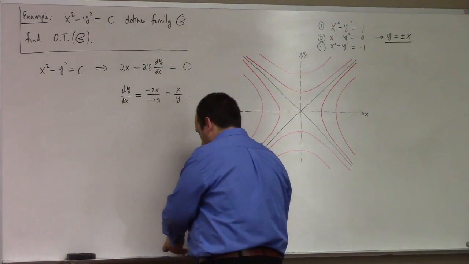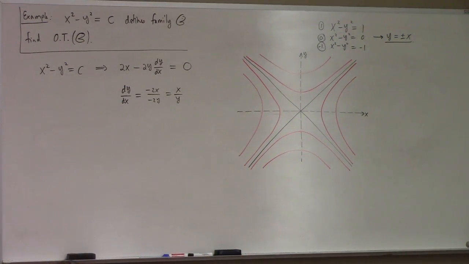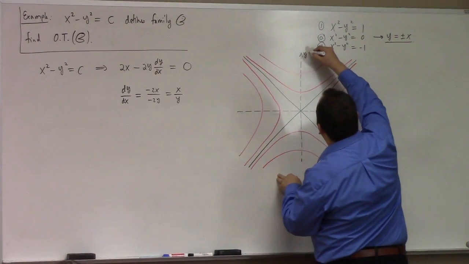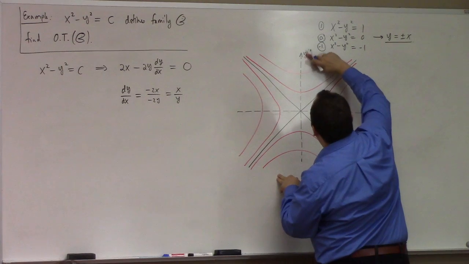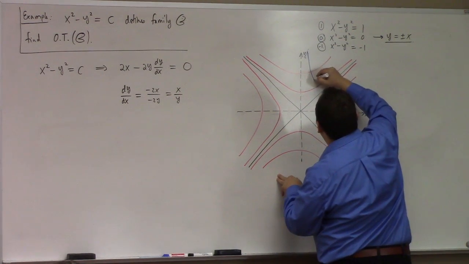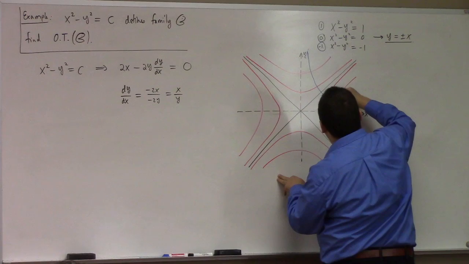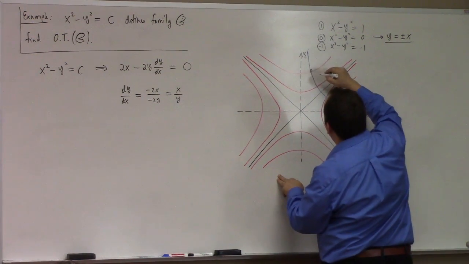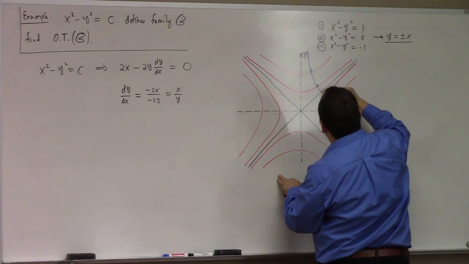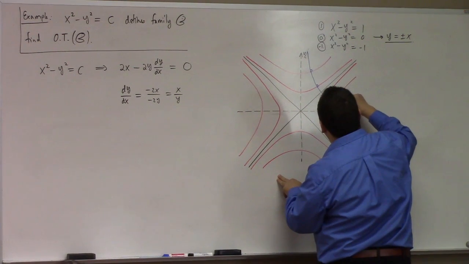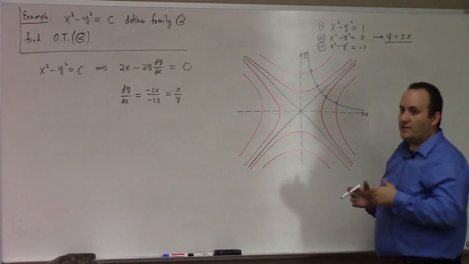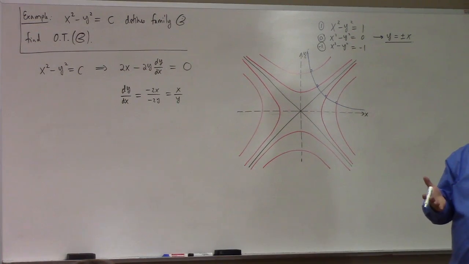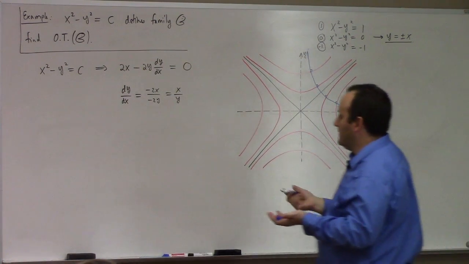Now, orthogonal trajectories should do what? Should be something like this, right? The point is, where they meet, they should meet at right angles, right? The tangent line to those intersection points should be right angles. In other words, the slope of the curves should be what? They should be negative reciprocal, right? What is the slope, though?